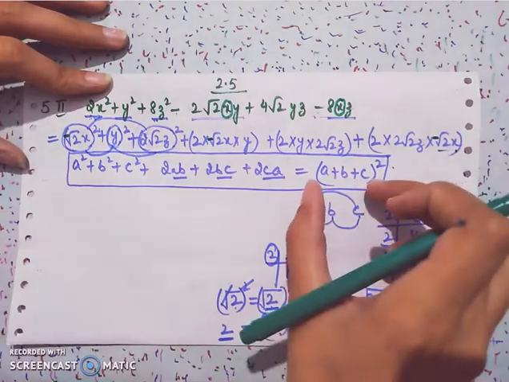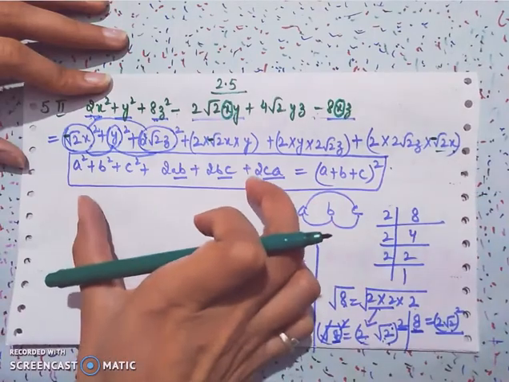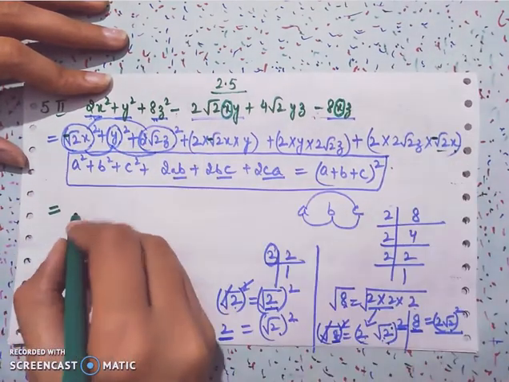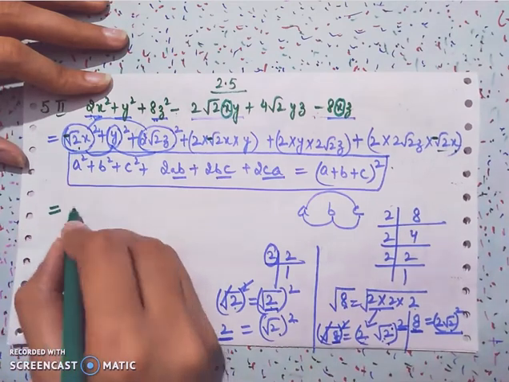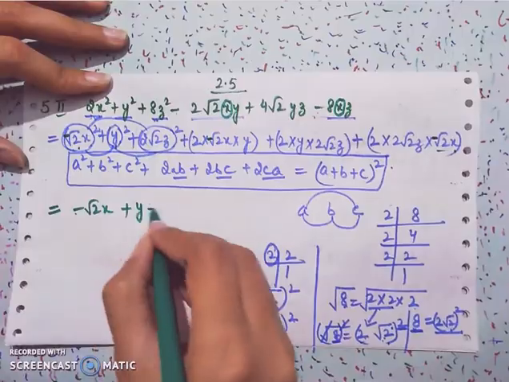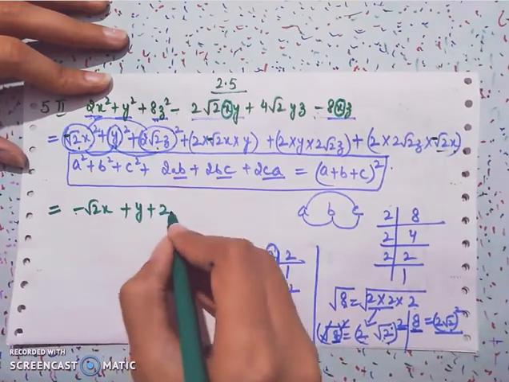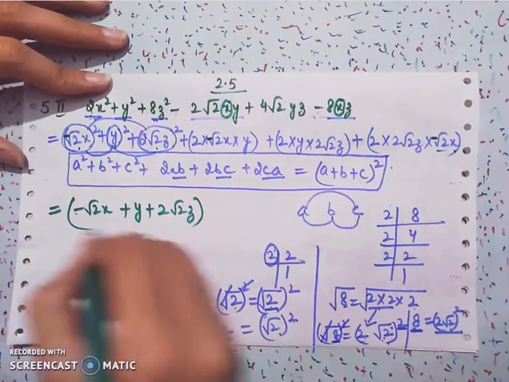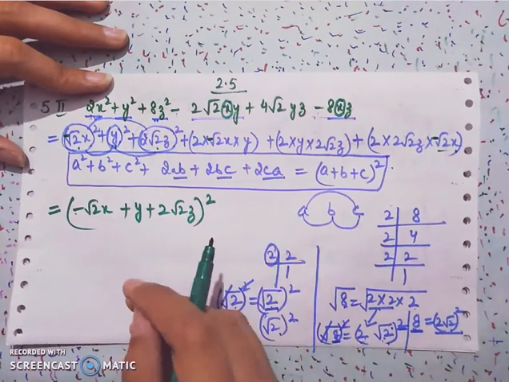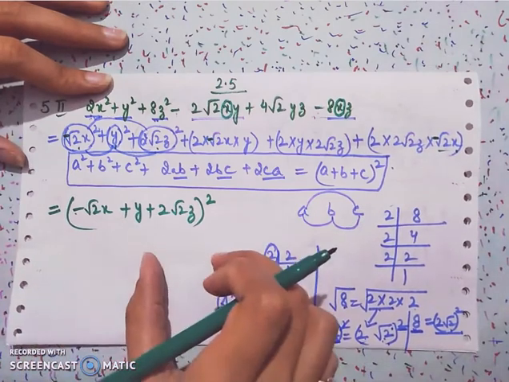Now coming to the right hand side. This expression is equal to a plus b plus c whole square. So I will also write this expression as a, that is minus root 2x, plus b, that is y, plus c, that is 2 root 2 z, and whole square. As I told you in the previous video, whenever they ask to factorize, the answer should be in the form of something into something.